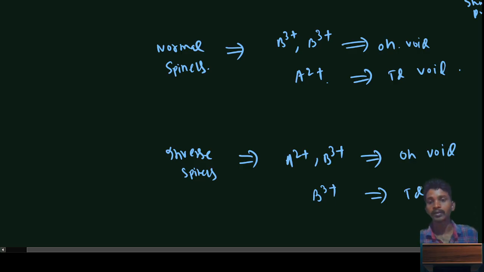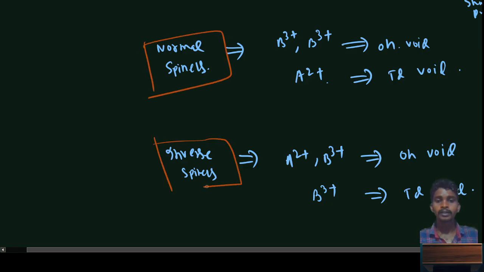So 2 already went, and the other will go to the tetrahedral voids. If it is like this, it is called the inverse spinel. So this is for the normal spinel, and this is for the inverse spinel. But in which case this will go, and in which case that will go, is explained by CFSE.